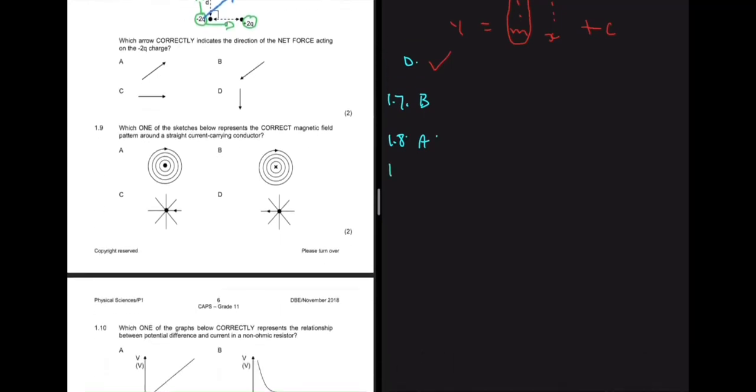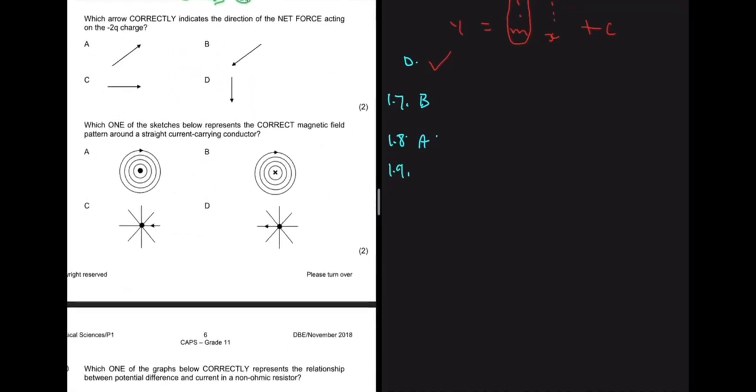So we have 1.9. 1.9 is saying which one of the sketches below represents the correct magnetic field pattern around a straight current carrying conductor, right? So you should see that you probably haven't seen anything like C before, and that is not true, and D is also not true, right?